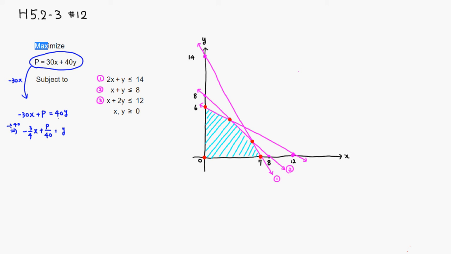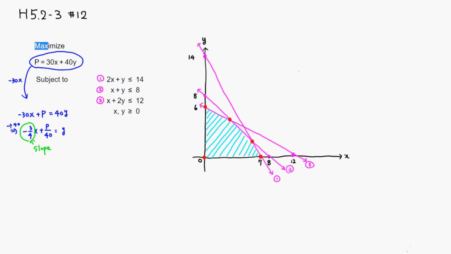So you can see that negative 3/4 is the slope. Compare this: it's going to be steeper than the third constraint, because its slope is negative 1/2. Borderline number 2 has a slope of negative 1, because you go 8 units to the right and down 8 units.